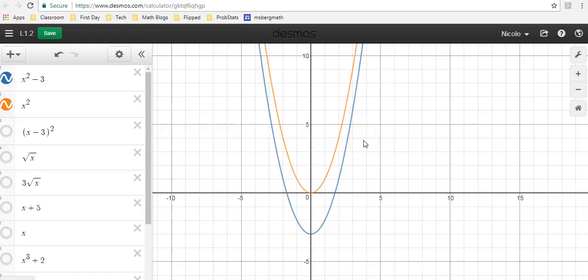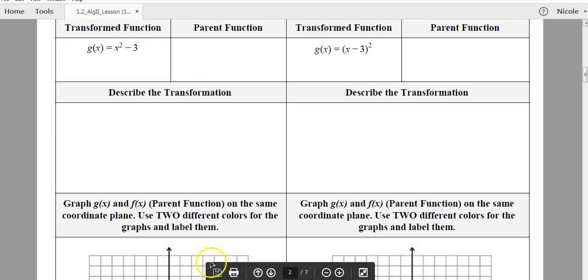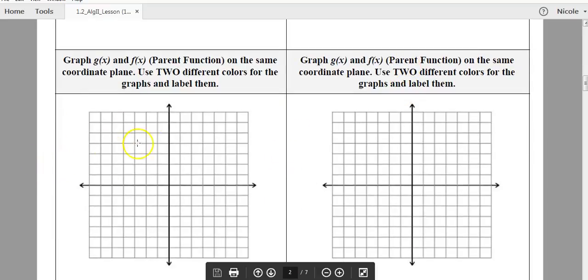So what transformation is happening here? That's all we need to find out. And it's a vertical translation, yeah. Down 3 units, so vertical shift down 3 units. And so, you guys are going to need to graph that over here.